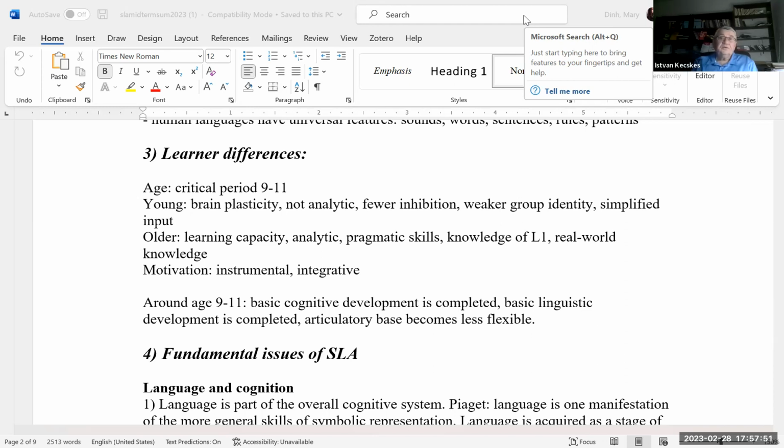So the mind of young learners is much more flexible as far as language learning is concerned, and has a more holistic approach to all issues that are connected with language use.